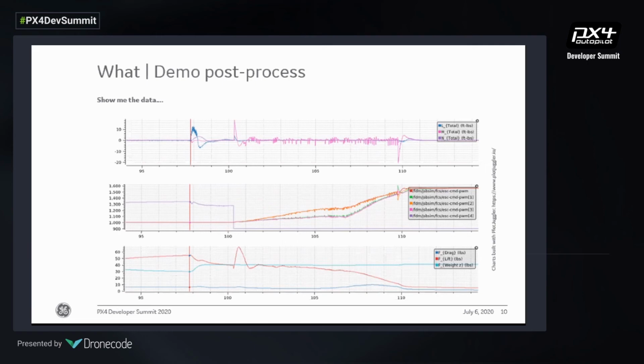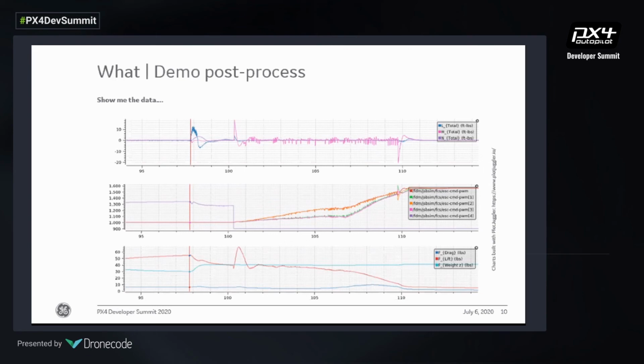So we were talking earlier about static margin analysis. This data is extremely powerful in helping us understand what was going on. So we see in the top graph here on the left, that red line is the start back transition. The top graph is the moments that are calculated from JSBSim.